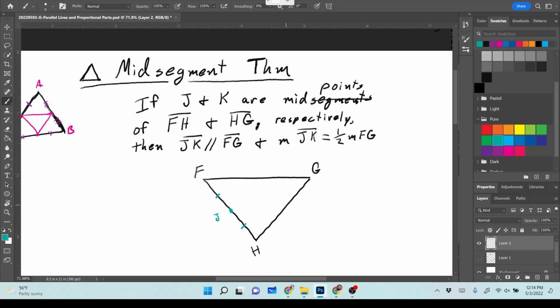And K is the midpoint of HG. Then what this is telling us is that segment JK, that midsegment, is parallel to the side opposite.